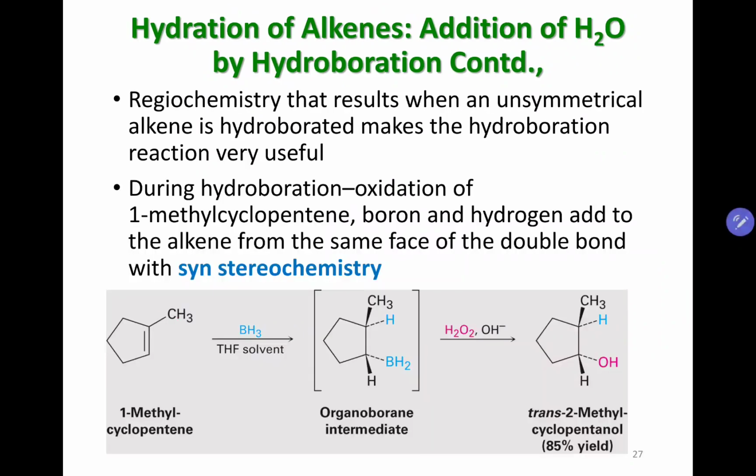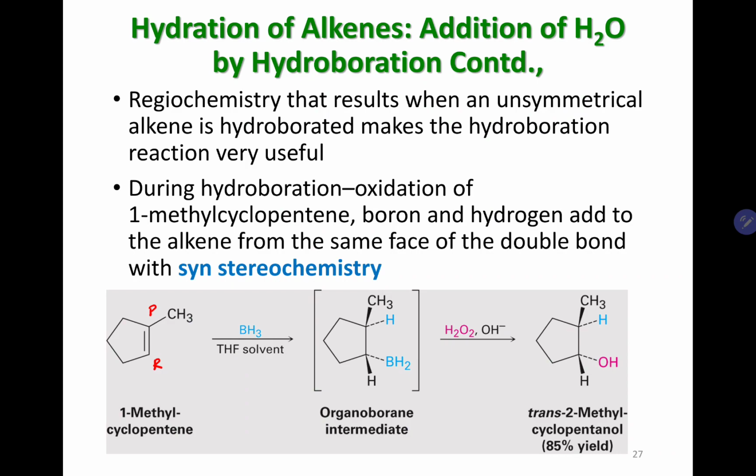But if you have a cyclic alkene like this with a substituent, then clearly you have a rich carbon and a poor carbon, which means you have to worry about the Markovnikov or anti-Markovnikov addition here. And then you will also have to worry about syn and anti-addition.